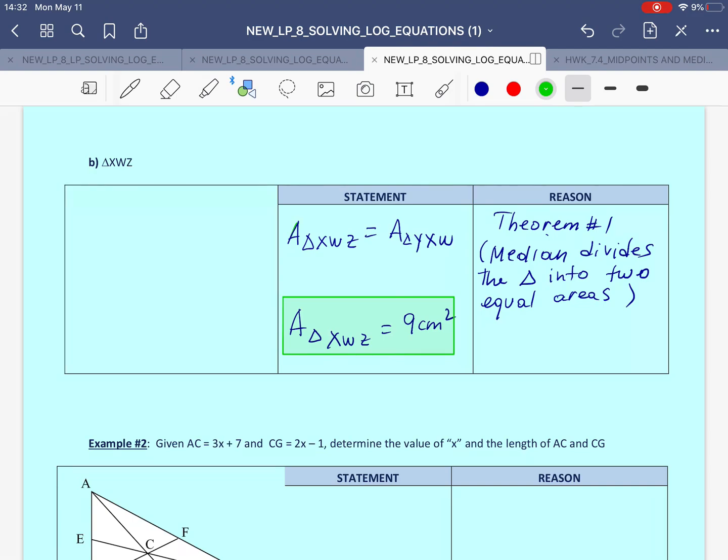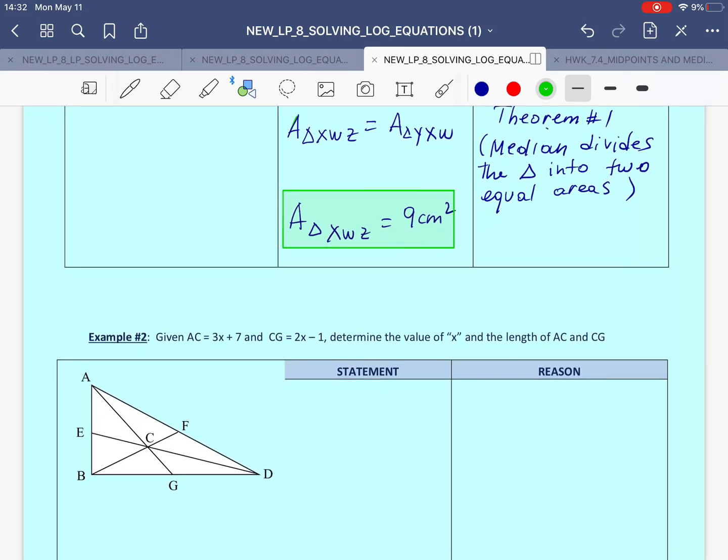And now we're going to move on to a more interesting problem. Example number 2. In example number 2, we are given a triangle, as you see here, ABD. You probably see that this angle looks like a 90-degree angle. Please do not make any assumptions unless you see a small little square in here, or unless you're given that this is a 90-degree angle, right?